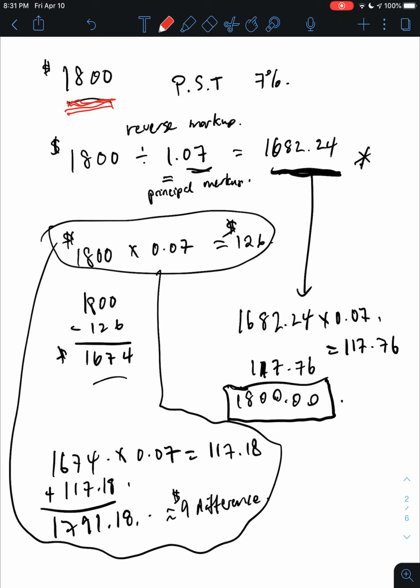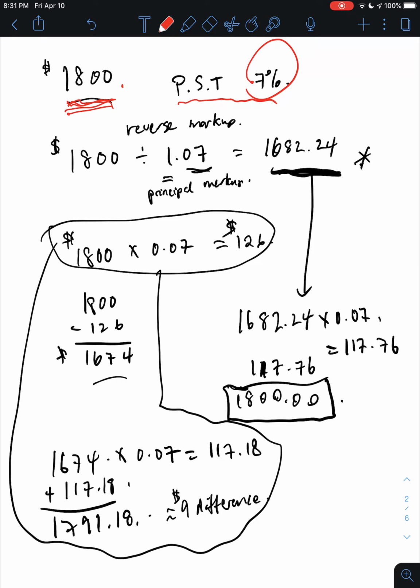The problem was that after we had made the agreement for me to purchase this computer for $1,800, they talked with the finance people and realized that they had to charge provincial sales tax on top of the $1,800. And in Ontario at the time, that was 7% PST. And I told them I couldn't afford any more than $1,800.